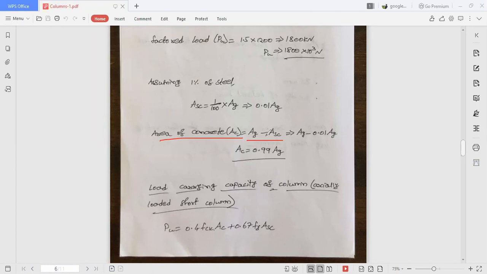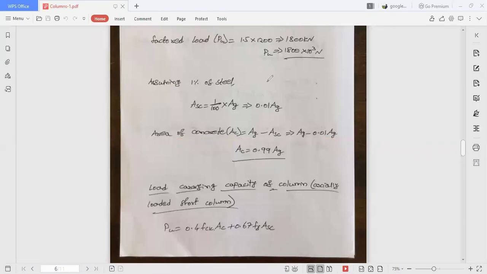So AG minus 0.01 times AG gives 0.99 AG. In simple language, if there is 1% of steel in a concrete column, the remaining 99% will be concrete only. The same thing we have determined here.